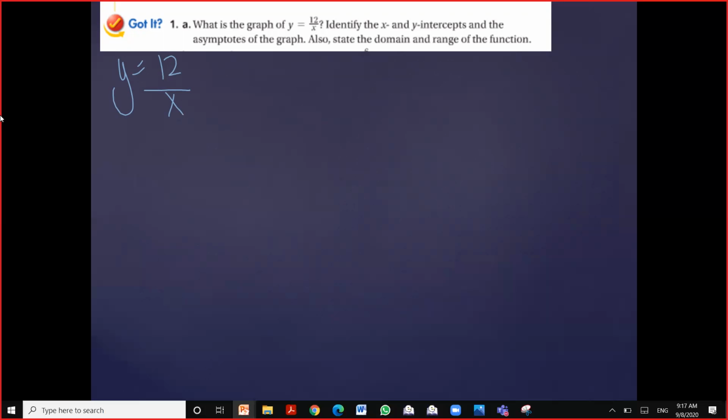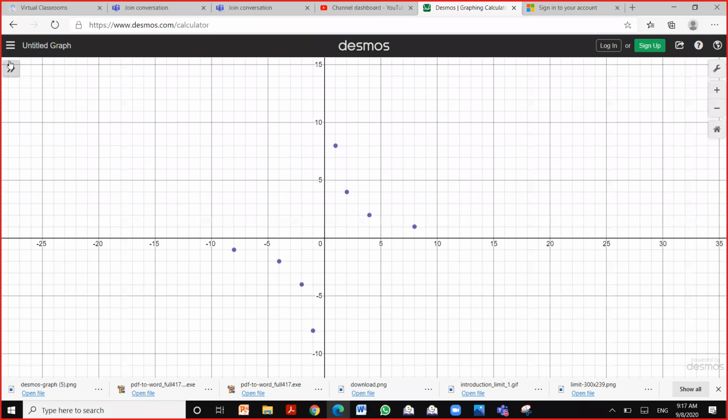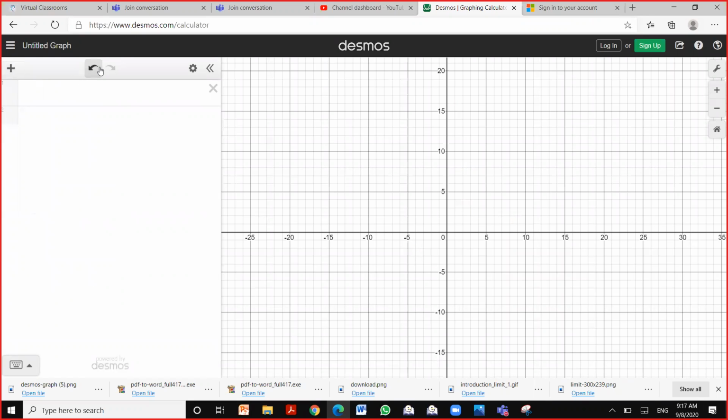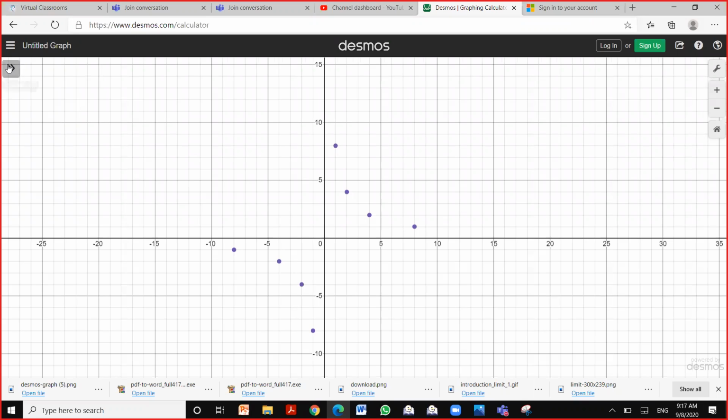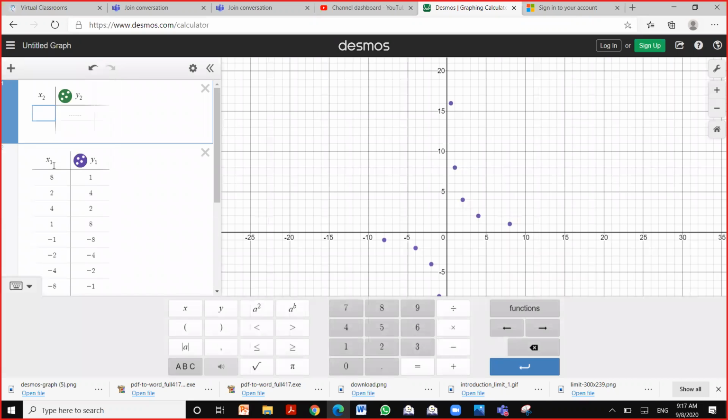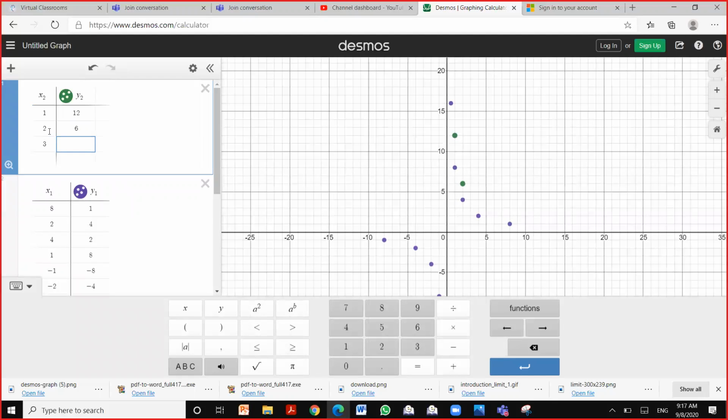Now, if it is 12 over x, so if x is 1, y is 12. If x is 2, y is 6. If x is 3, y is 4.